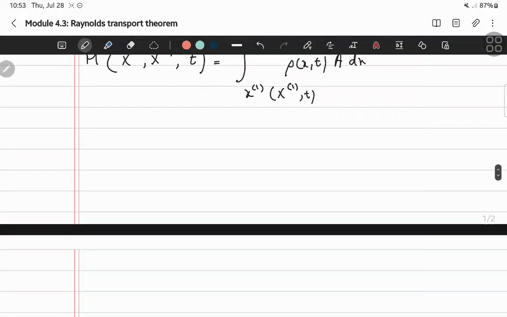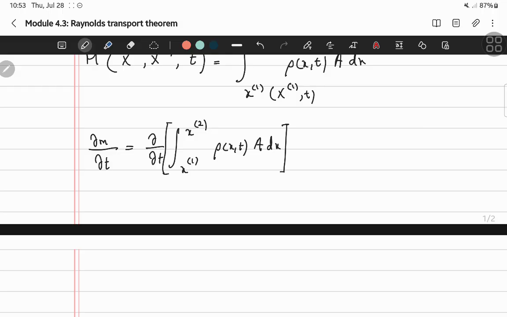So it is changing with time. So we can write the partial derivative of small m with respect to t is equal to the partial derivative of this integral again, x1 to x2 of rho of x and t, A dx. And this is when x1 and x2 are fixed in the space.